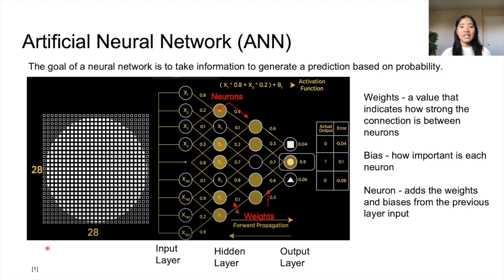To do this, the image will initially be broken down into individual pixels and represented as a column vector. What that means is that each individual pixel will be an X value that is inputted into the network. As these X values interact with these hidden layers, they will be transformed until they reach this final output layer, where the computer will identify what shape it is.